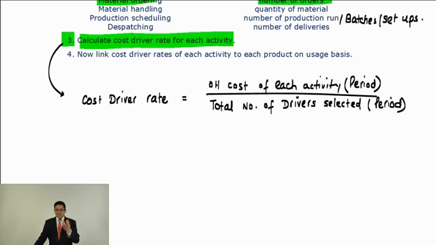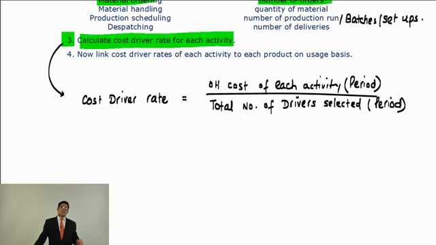For purchasing, it can be number of purchase orders. For material handling, it could be quantity of materials. For ordering, it can be number of orders, etc. So it is the overhead cost of the purchasing activity divided by the total number of drivers, which are purchase orders for this activity.